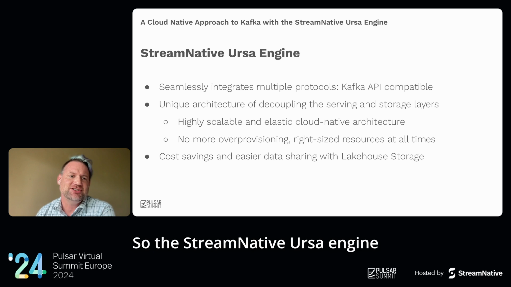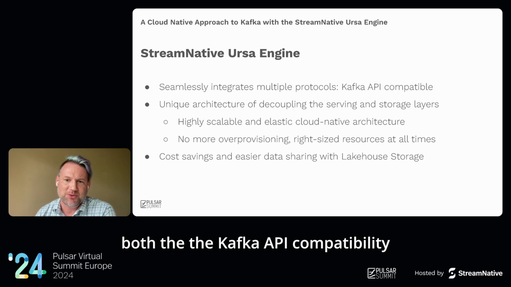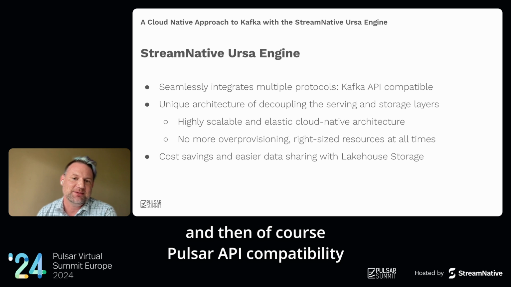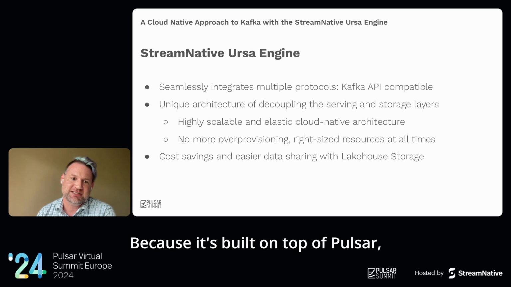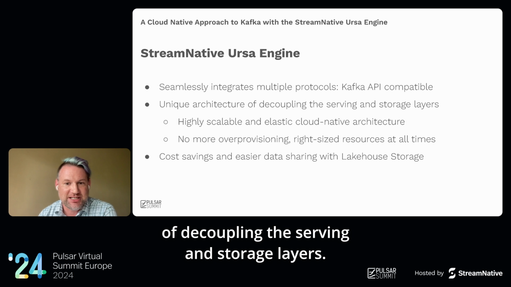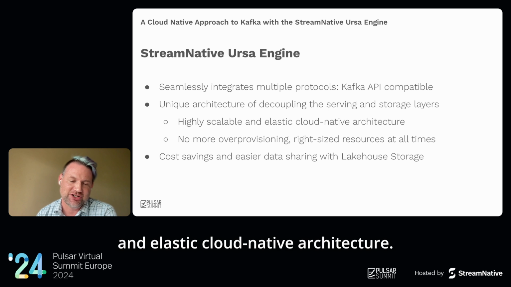So the StreamNative Ursa engine seamlessly integrates multiple protocols. It's going to include both the Kafka API compatibility, and then of course Pulsar API compatibility, as well as other APIs as well. Because it's built on top of Pulsar, it has the unique architecture of decoupling the serving and storage layers. So what that means is you're going to get a highly scalable and elastic cloud-native architecture.